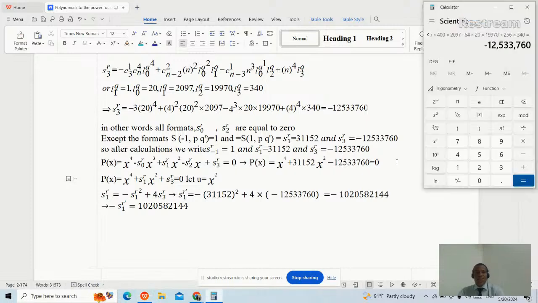I'll just use my calculation, multiplying this one by 4, then minus 31,152 squared. It will be equal to negative 1,020 million 582,144.